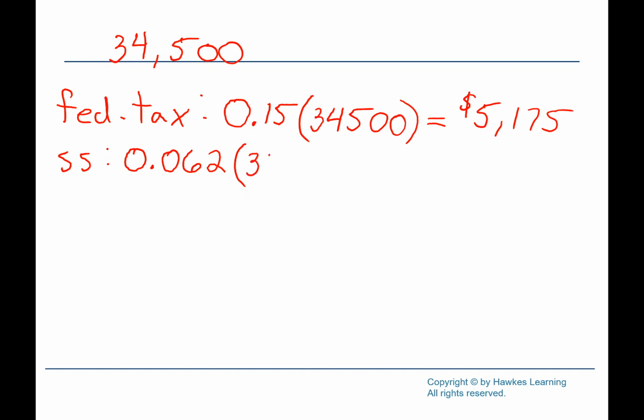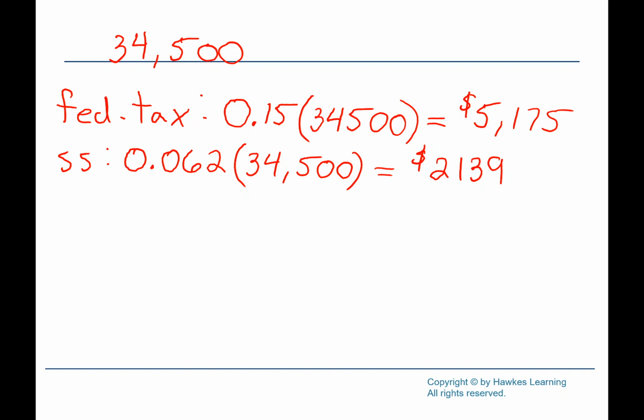We don't get to make our number go down since we've already paid federal tax. They don't care. Got to pay that percentage on the whole amount. So 0.062 times $34,500. It's just $2,139.